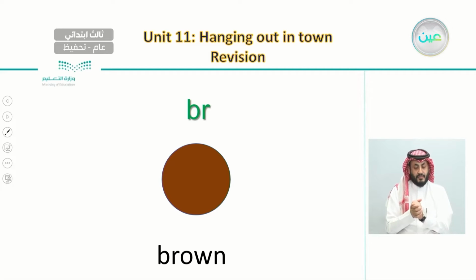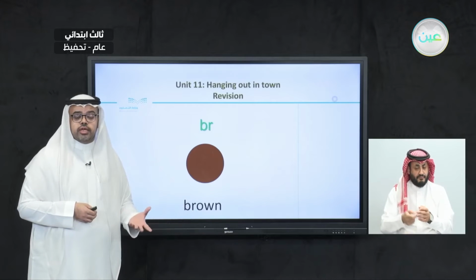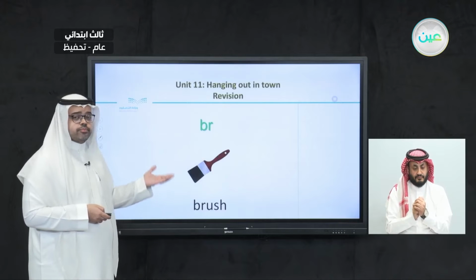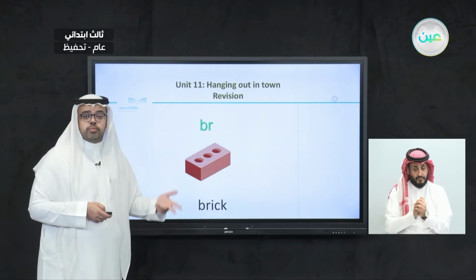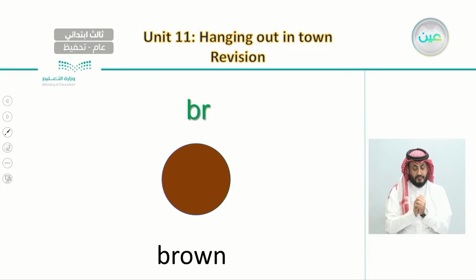So again, it is important that with these blends we pronounce them as one unit, as in brown, brush, bread, and also the first word, which is brick. Brush, bread, and brick, and also the last one, which is the color brown.